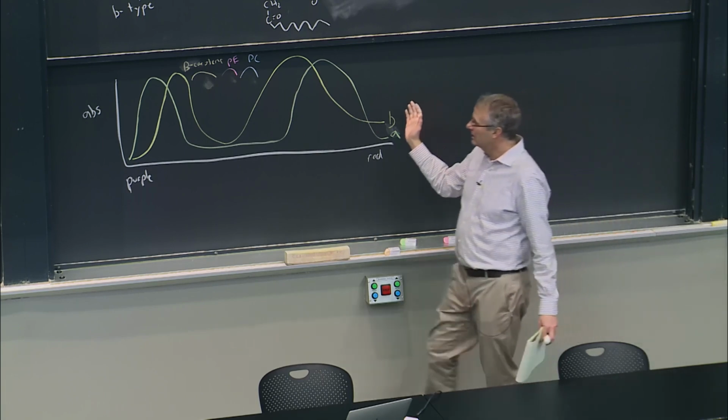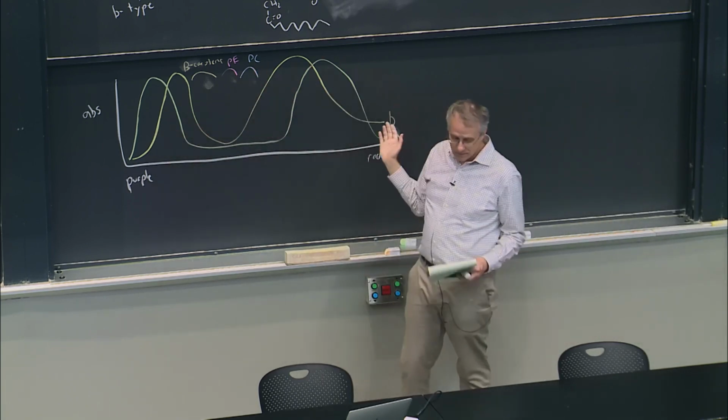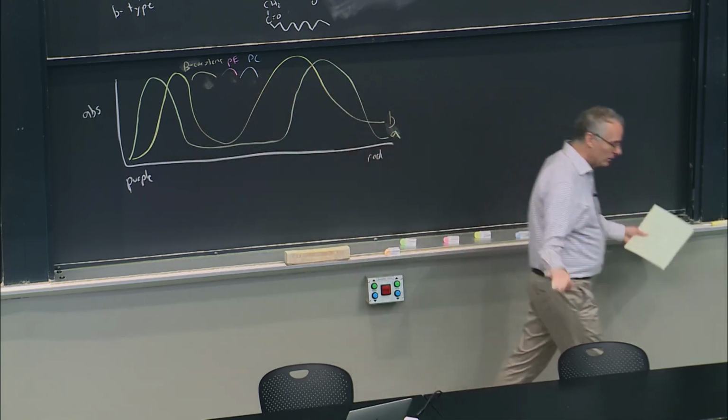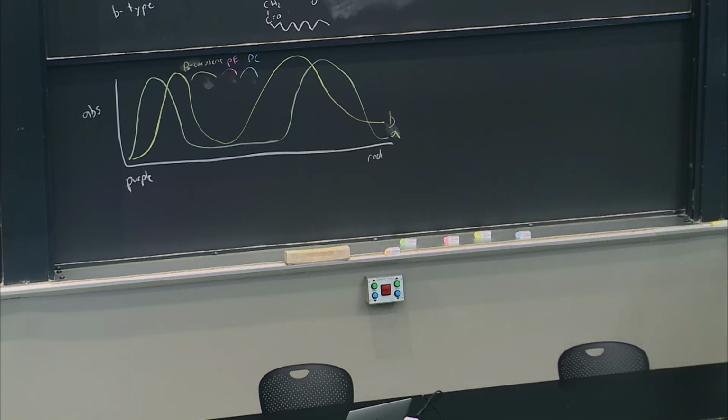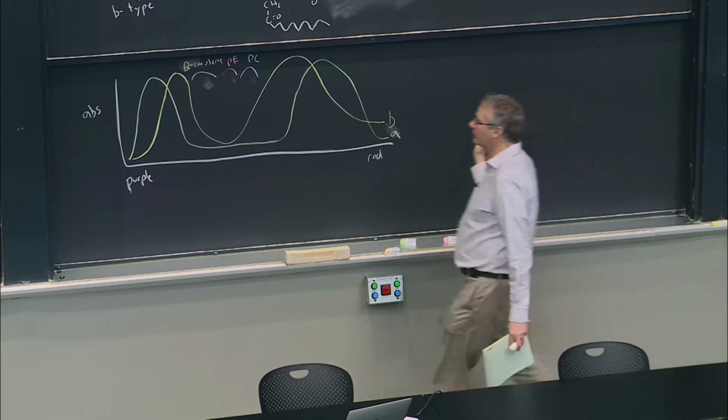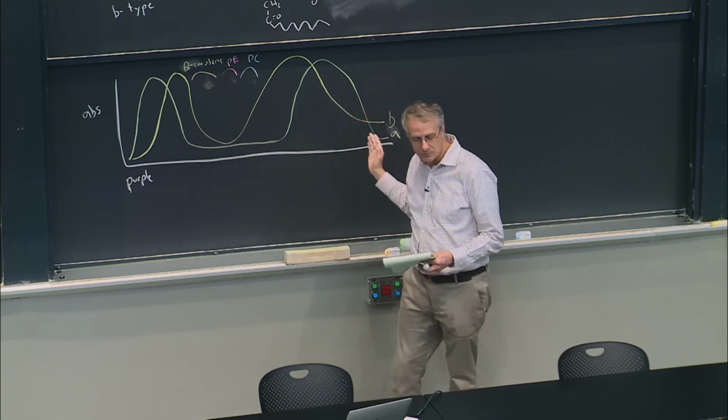And basically, by covering all of these different pigments, plants and other photosynthetic organisms can now adapt to different light niches within the natural world, really capturing the full spectrum of visible light.